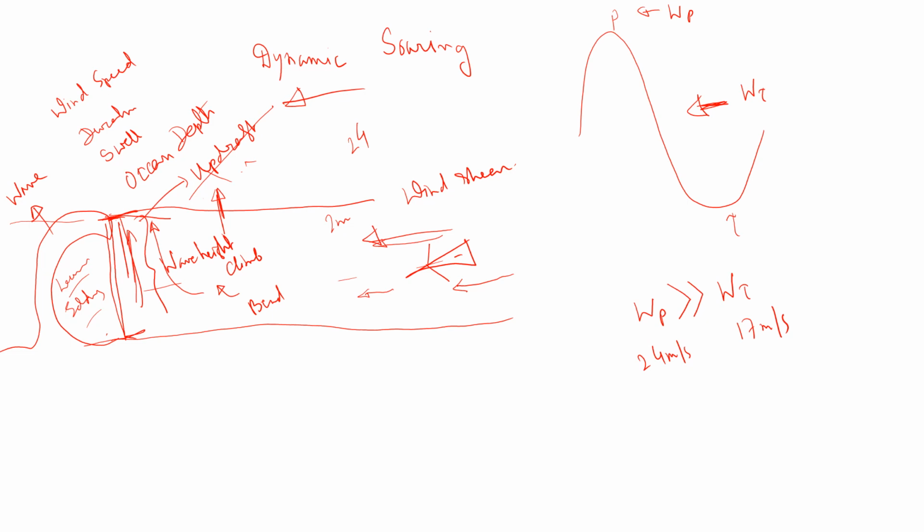Now if for any reason the bird wants to come down again, it takes two moves. One is the downward bend and the other is the downward dive. From where is it taking the energy for this downward dive? Because here also it has to cross this wind shear.